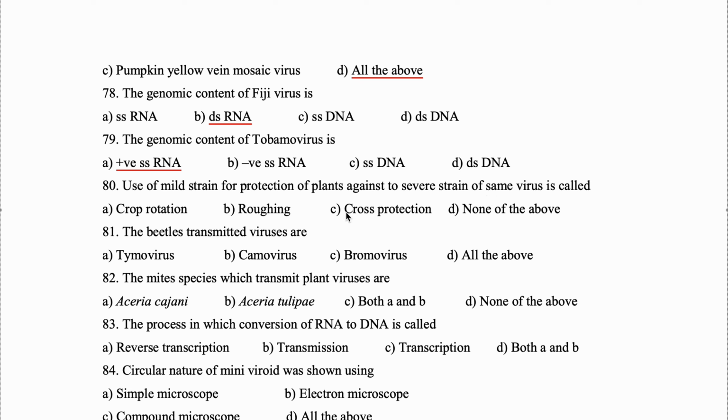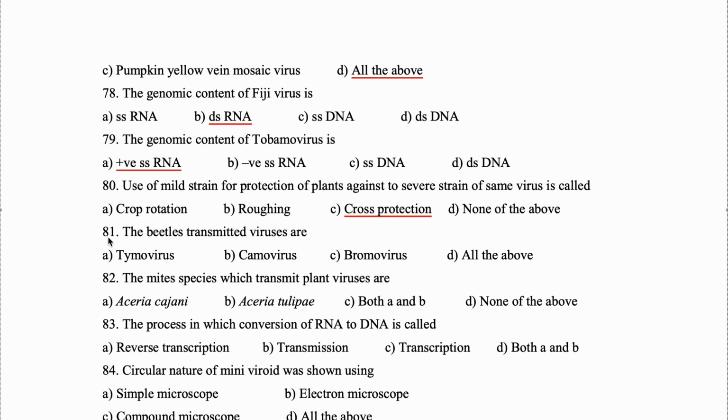The process is called cross protection, and it was given by McKinney. It was first discovered in TMV, but nowadays it is most commonly used in case of citrus tristeza virus.